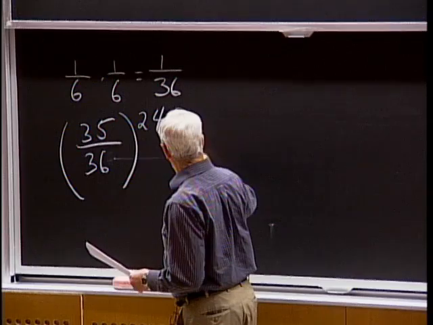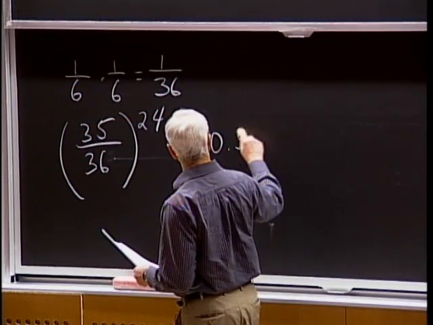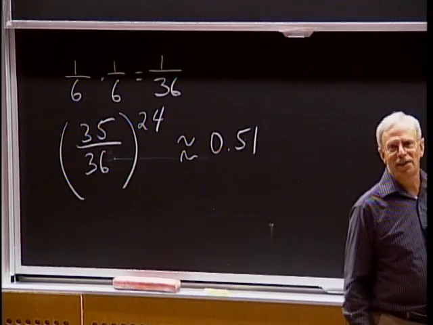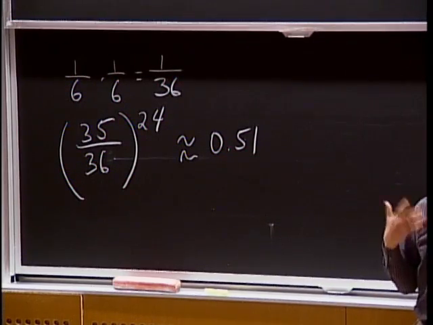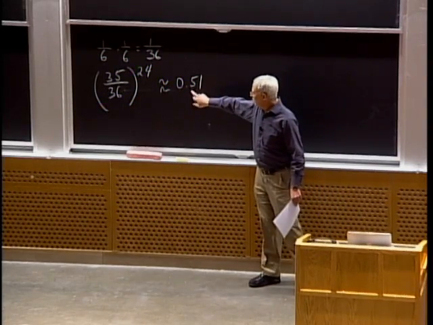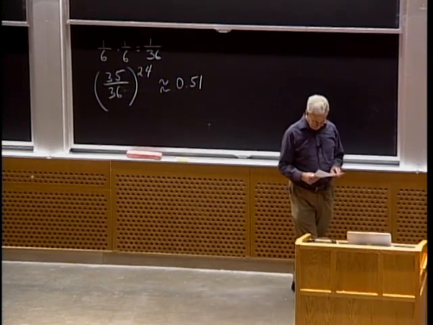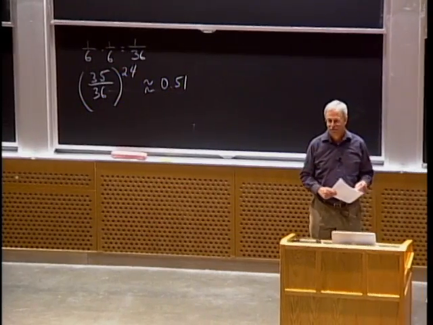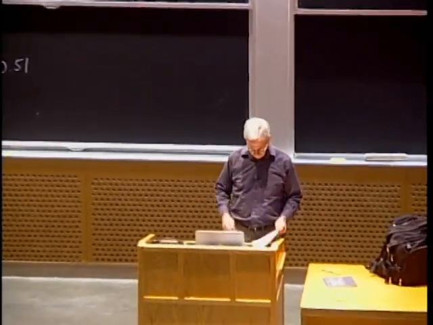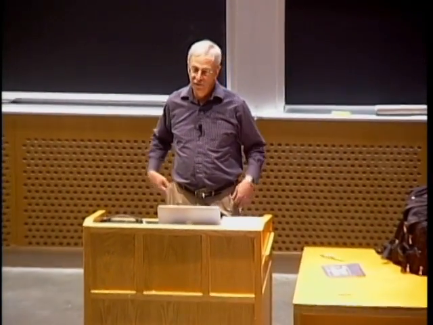Which is approximately equal to 0.51. So you can see why the answer was not obvious just by experience. But there is a slight edge in betting that you will not get a double 6 in 24 times. Again, assuming you have fair dice.